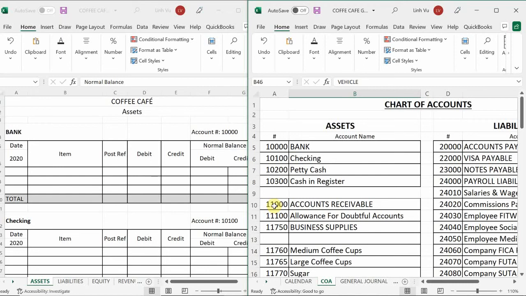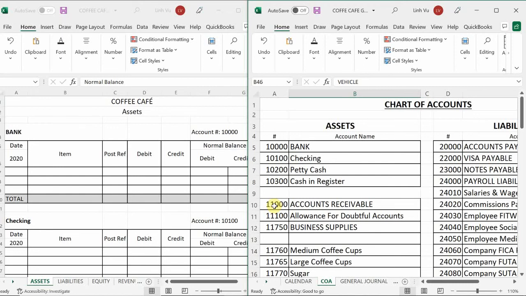You can tell that these things, the checking, the petty cash, and the cash in the register, all add up to the bank. If you remember back in chapter 2 when we talked about how the sub accounts make up the main accounts, it gives the main accounts more detail. So this is the example here.